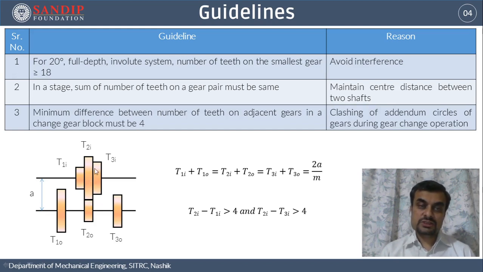Now, when I am moving this change gear block to the left hand side in order to engage the first gear, it may happen that the addendum circle of the gear T3i clashes with the addendum circle diameter of T2o. In order to avoid that, the minimum difference between the number of teeth on T2i and T3i has to be 4.